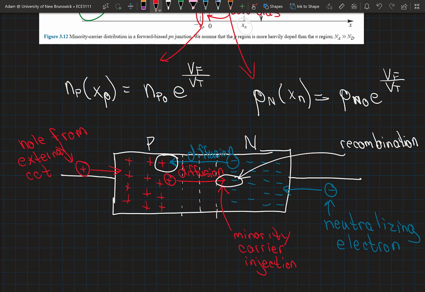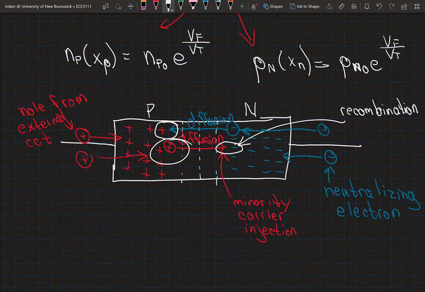And even this hole that made its way across due to diffusion, maybe I'll show a different color here, will also have to come from the external circuit. So we have holes being supplied there, and we have electrons being supplied here due to this increase in diffusion current.